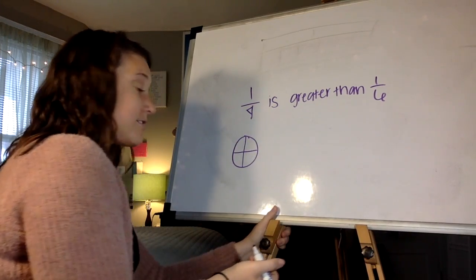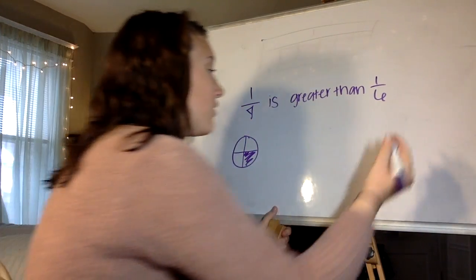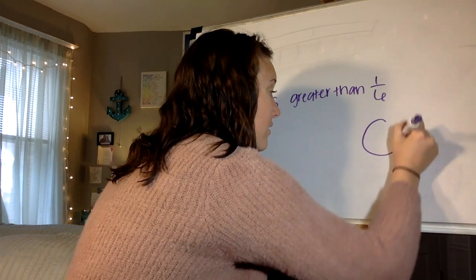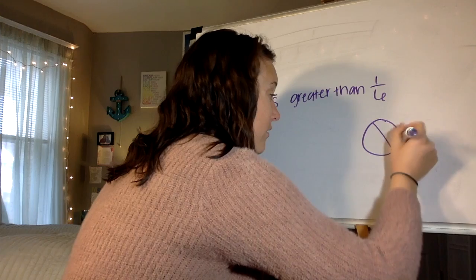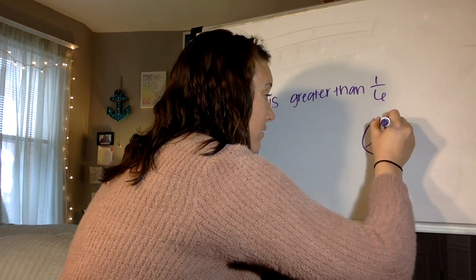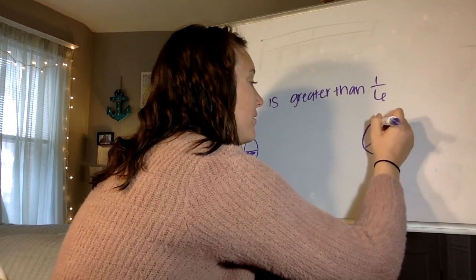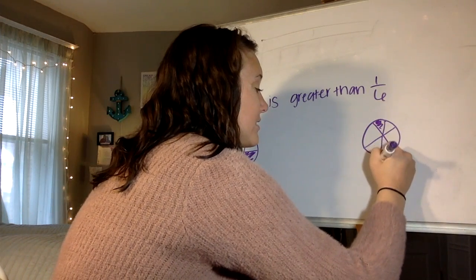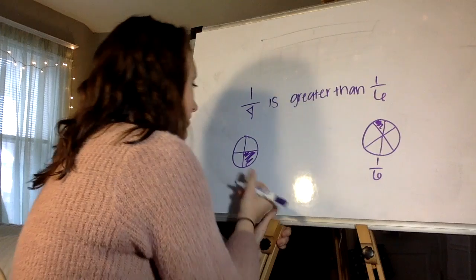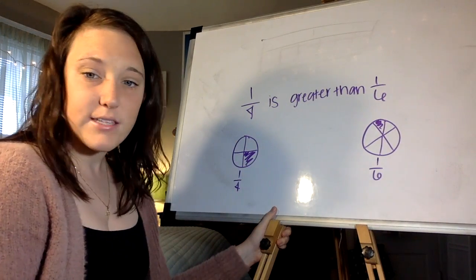If you want a visual, there's my pizza split into, let me shade. There's my pizza split into fourths. 1, 2, 3, 4. Not super equal, but there's my pizza split into 6. Which pizza has the bigger pieces?